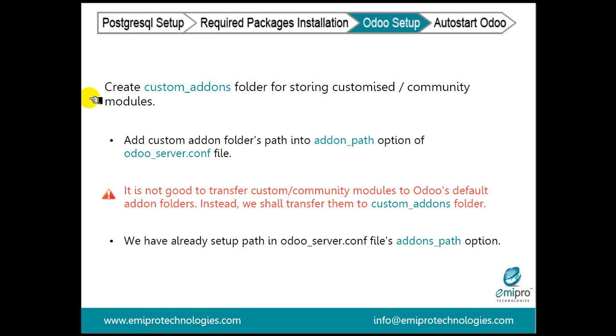Actually, it is not good to transfer all custom or community modules to Odoo's default add-on folders. That's why I have created this custom folder. We can set two or three custom add-ons folders as per our wish. However, I have created only one right now. We have already set up the path in the Odoo server's conf file.